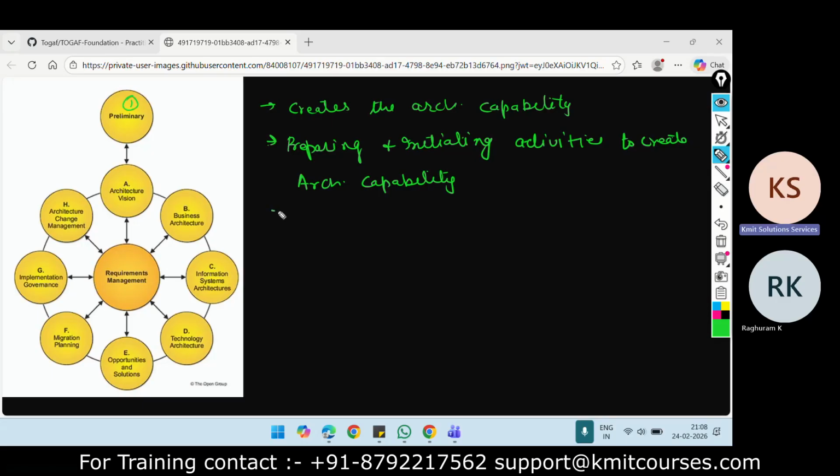So this is very much the phase where you are customizing the TOGAF framework.